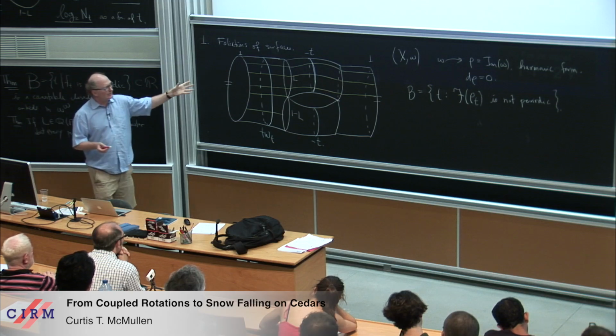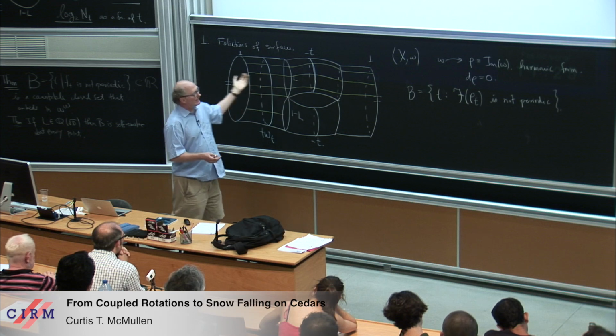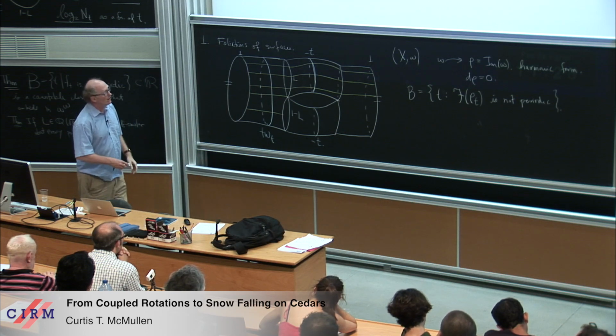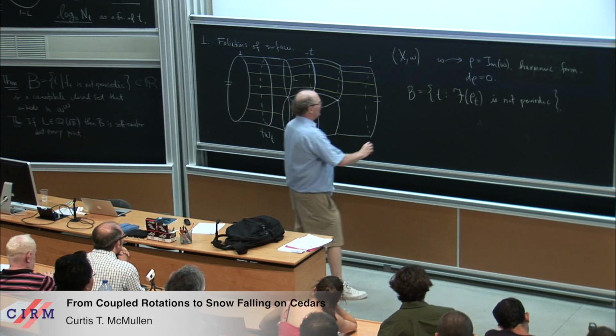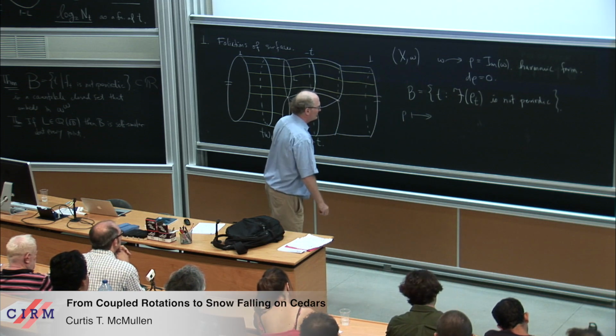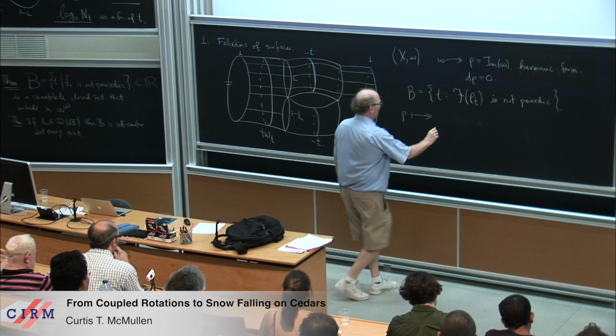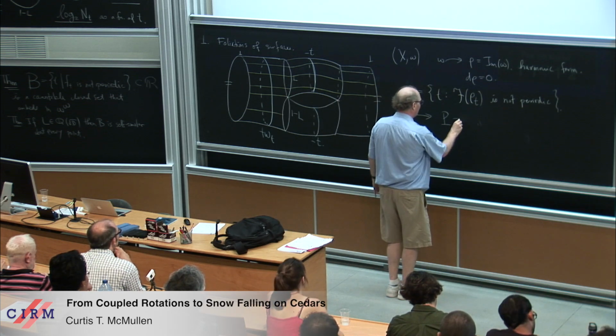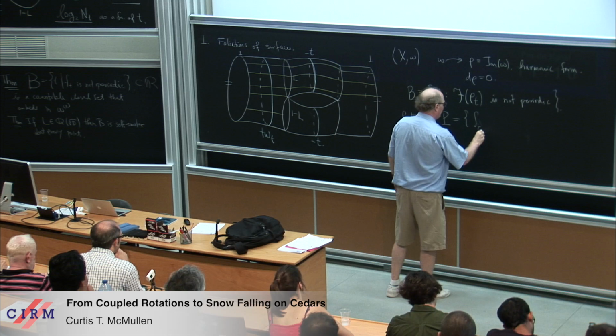What stays constant are the absolute periods of this harmonic form rho. So associated to rho, we have a subgroup of the real numbers, which is just the set of periods of rho.